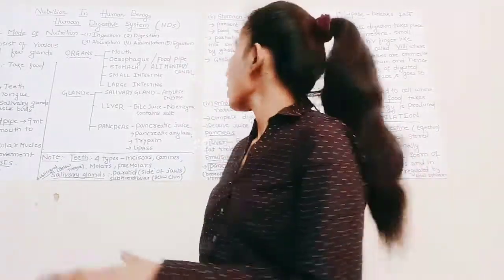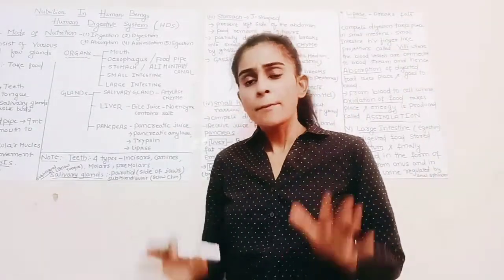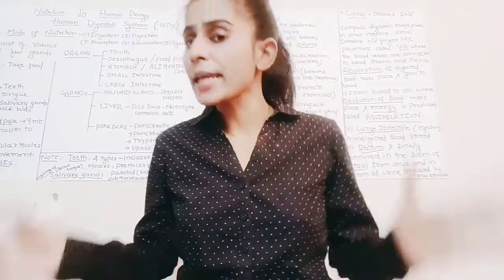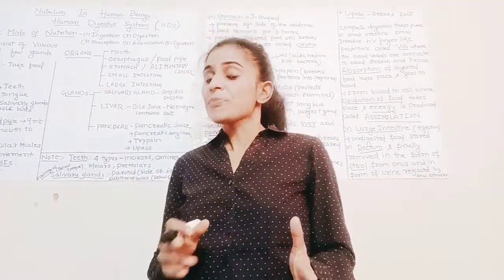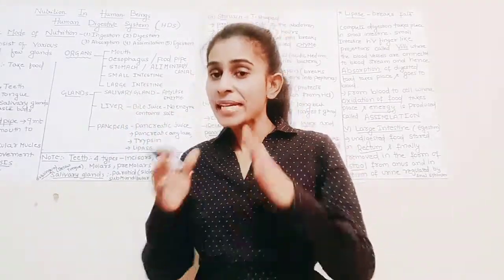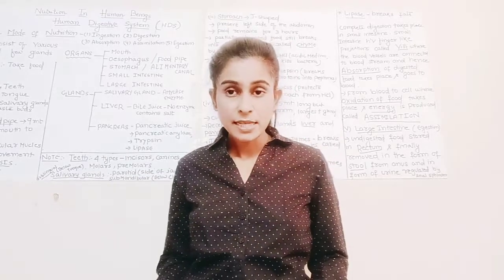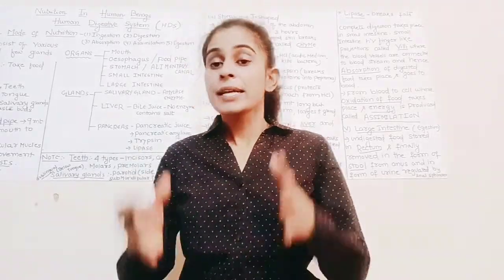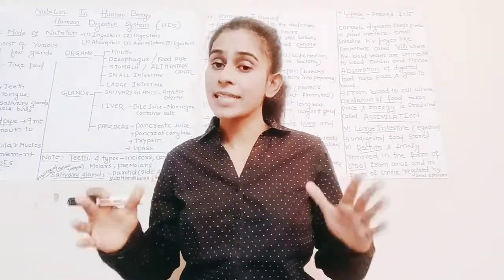So now all the work has been done in the small intestine, but we are unable to digest the whole food. Finally the undigested food makes an entry into the large intestine. The undigested food remains stored in the rectum of the large intestine.